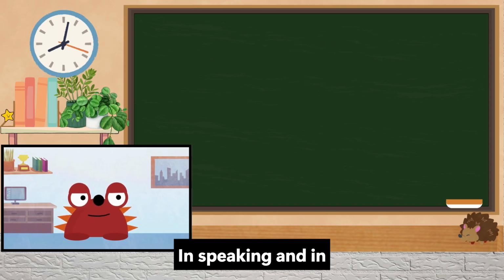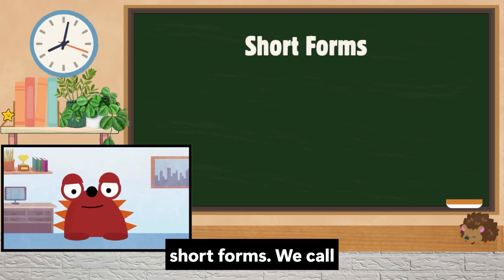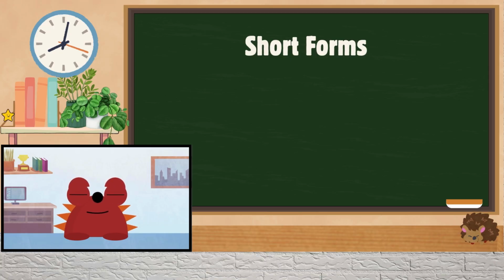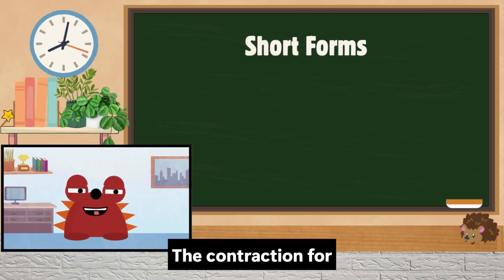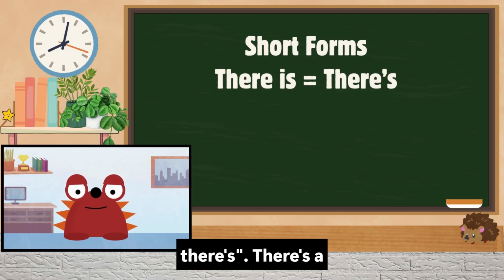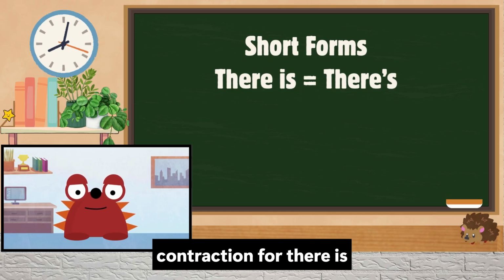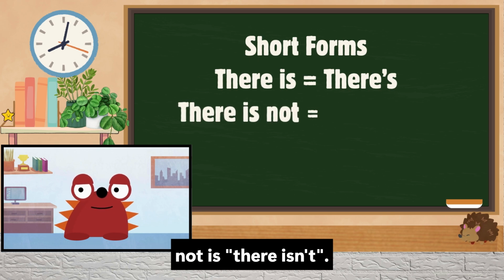In speaking and in formal writing, we use short forms. We call these contractions. The contraction for there is is there's. There's a problem. The contraction for there is not is there isn't.